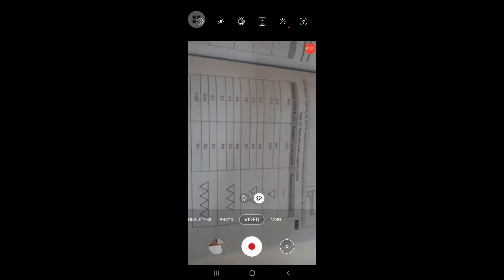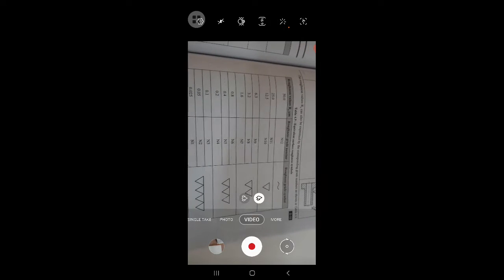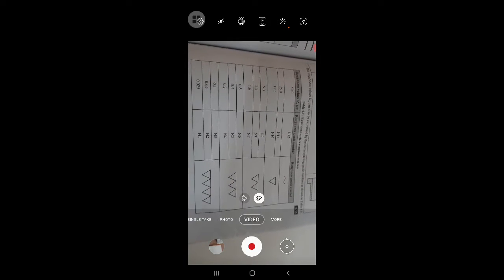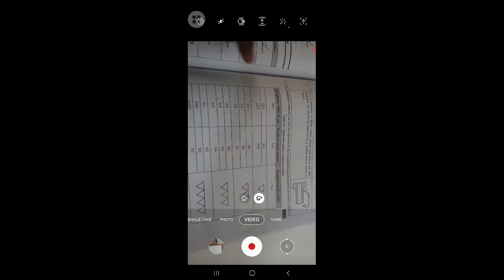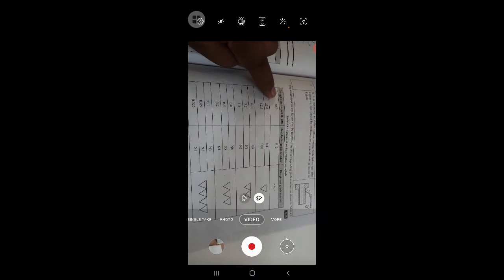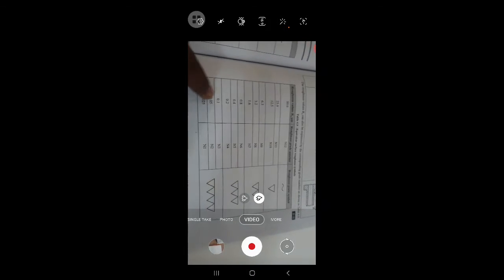So let's see the table of surface roughness symbols. How to draw the table with those values? Firstly, the table title is roughness value in micrometer, roughness grade symbol.